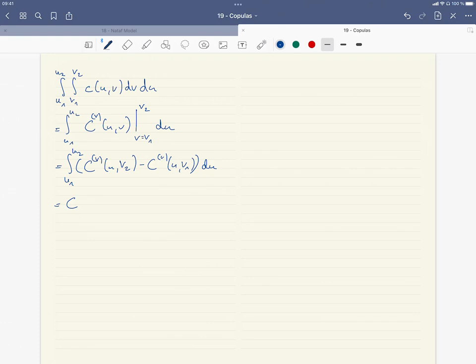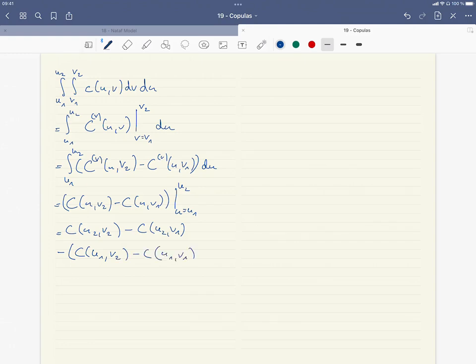So now I have the copula at u, v2 minus C of u, v1 evaluated at u from u1 up to u2. And so I get that this is C of u2 v2 minus C of u2 v1, and then lower bound minus C of u1 v2 minus C of u1 v1.